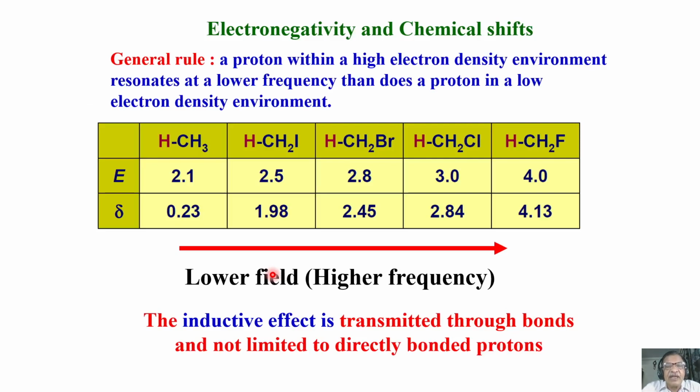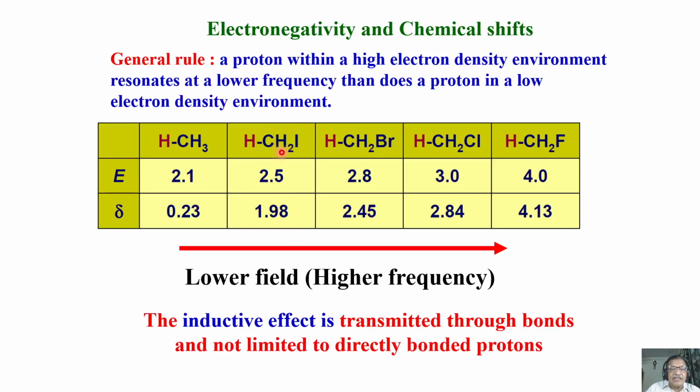Starting with the first, electronegativity. How does it affect chemical shifts? First and foremost, if an electronegative group is attached, it causes a change in the electron density around the particular proton because it withdraws electrons.